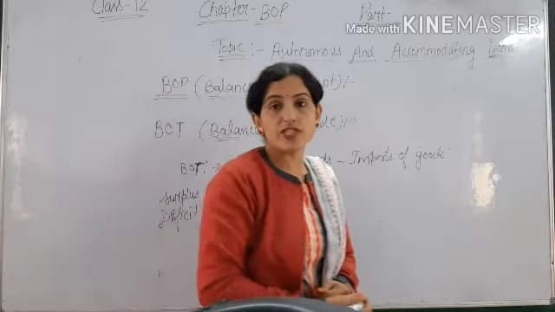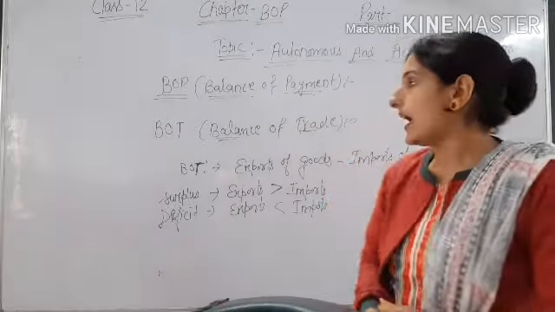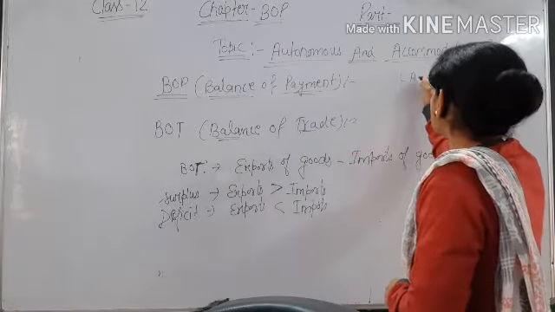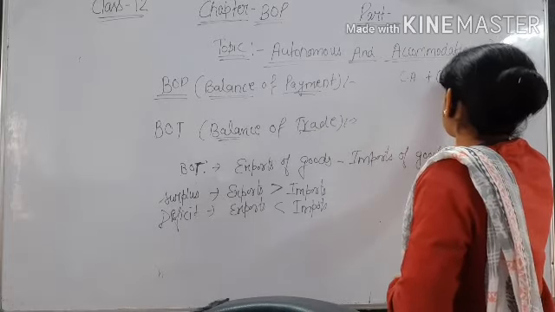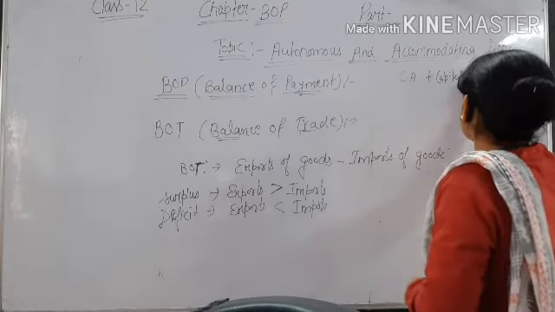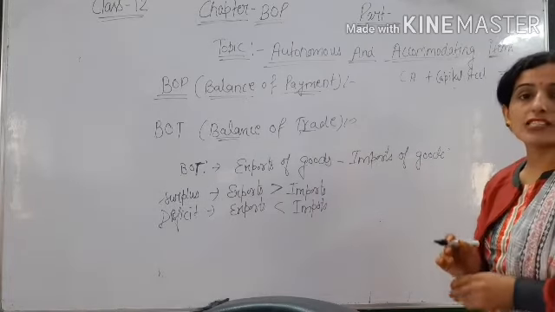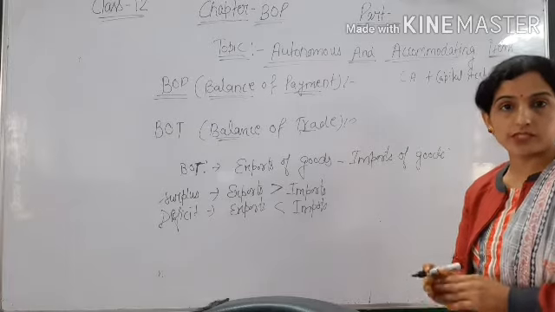Then we have a deficit balance of trade. And balance of payment equilibrium means our current account plus capital account is equal to 0. Then balance of payment is in an equilibrium situation.